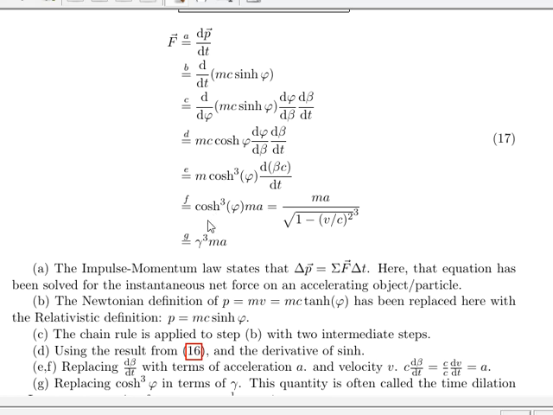So this is our equation: cosh cubed of phi times mass times acceleration. You can also write cosh cubed of phi as the square root of 1 minus v over c squared, cubed, or you can write it as gamma cubed times mass times acceleration.